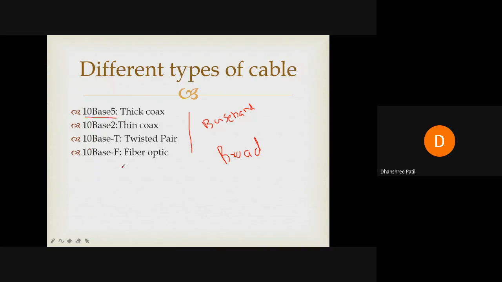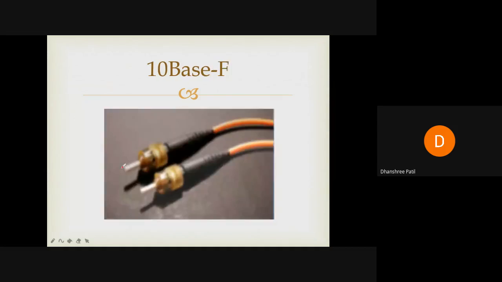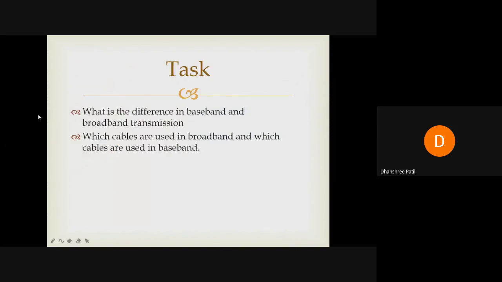Baseband we have seen. Now, your task is that you have to complete these two tasks. What is the difference between baseband and broadband transmission? You have to search and tell me. And the second task is: which cables are used in broadband and which cables are used in baseband?